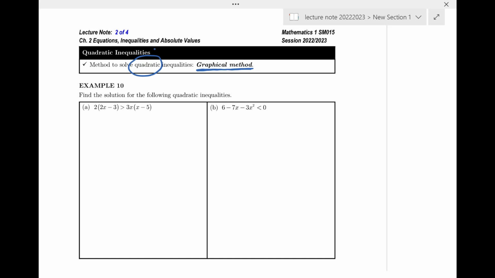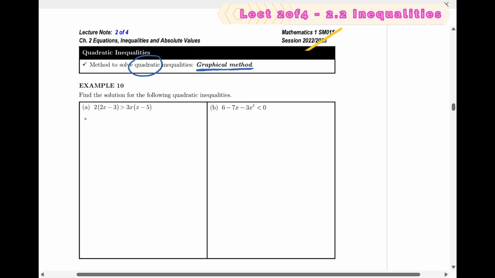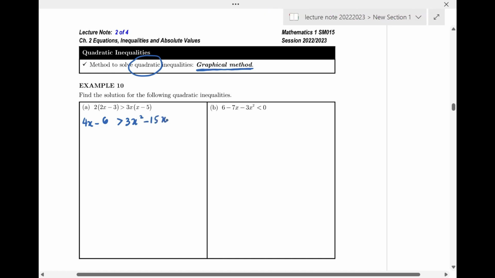So for part A, I cannot see any quadratic yet. So what we do is we expand both sides of the inequalities until we get to see quadratic inequalities. Okay, so left side 4x minus 6, the right side 3x squared minus 15x. So we rearrange these inequalities.